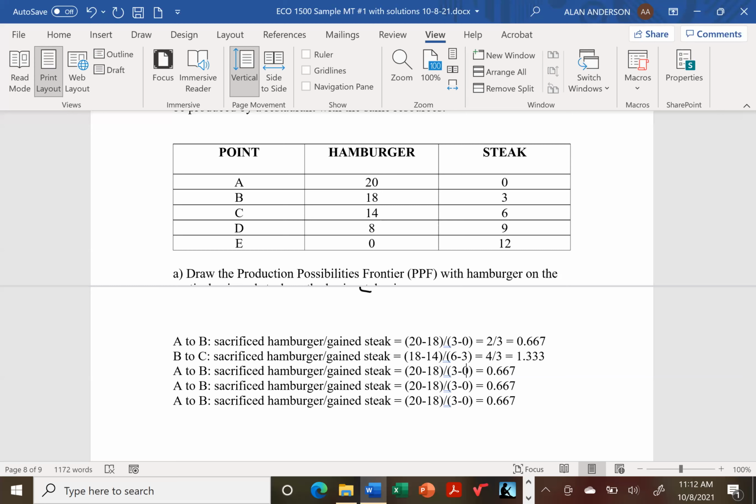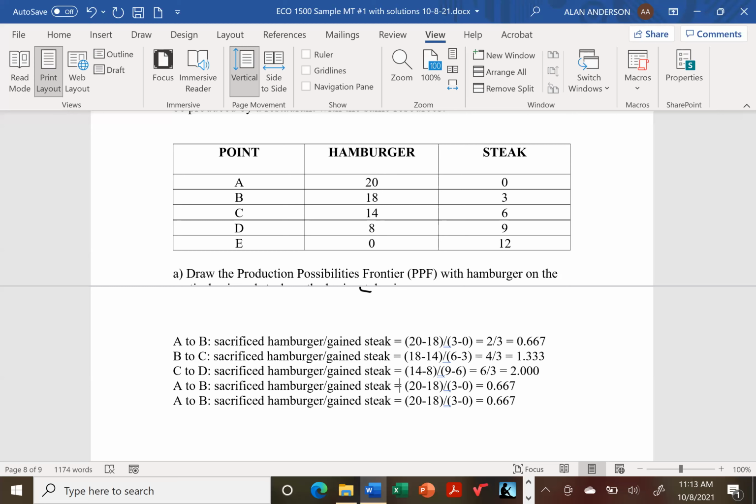All right, good. Now from C to D, the burgers dropped from 14 to 8. The steaks jump from 6 to 9. So I'm losing 6 burgers to gain 3 steaks, which is 2.